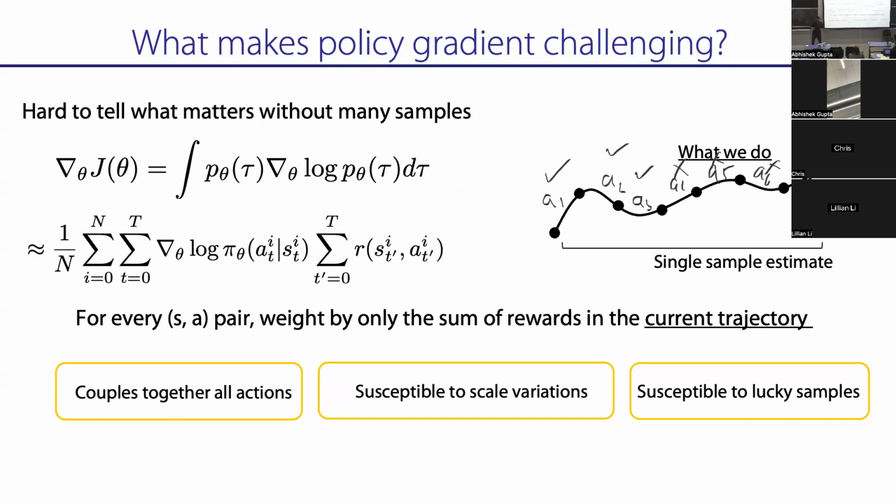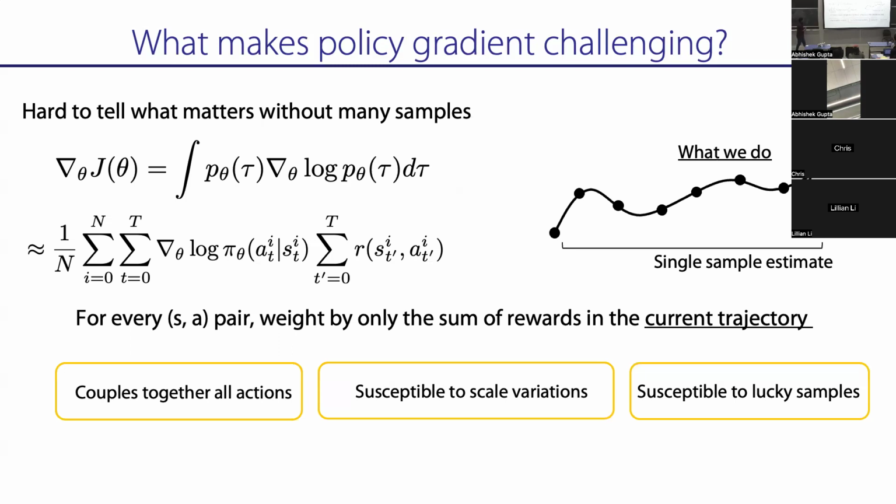This is the problem often referred to as credit assignment. You got a bad trajectory; was it because of this, or this, or this? It's not easy to assign which things are good and which things are bad.